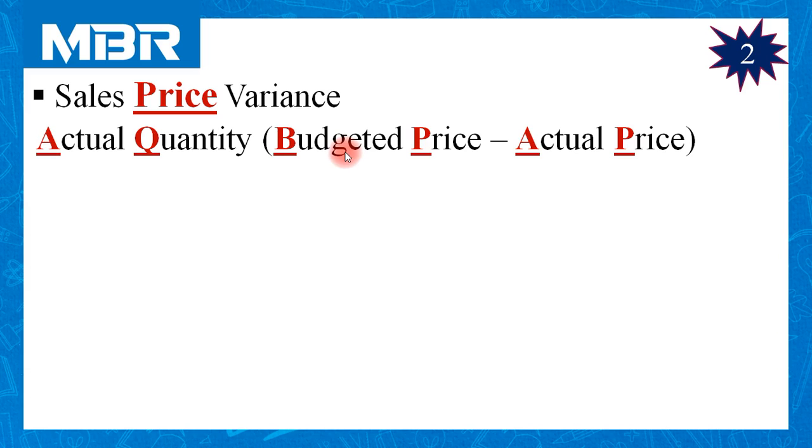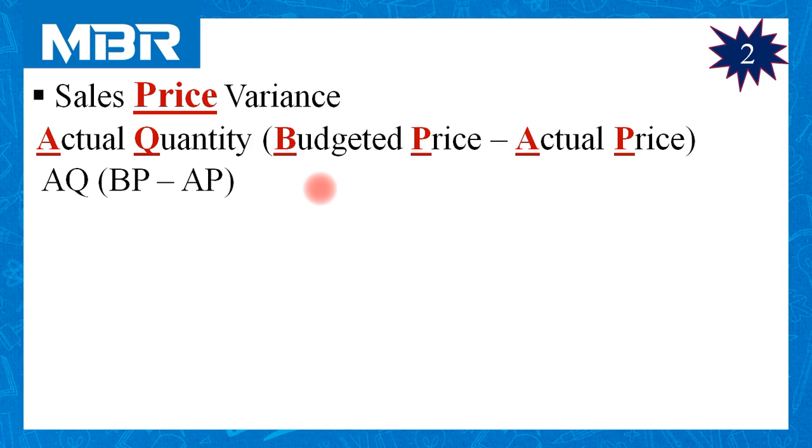Formula for the calculation of sales price variance: actual quantity into bracket budgeted price minus actual price. You can convert this formula into abbreviated form: AQ into bracket BP minus AP.